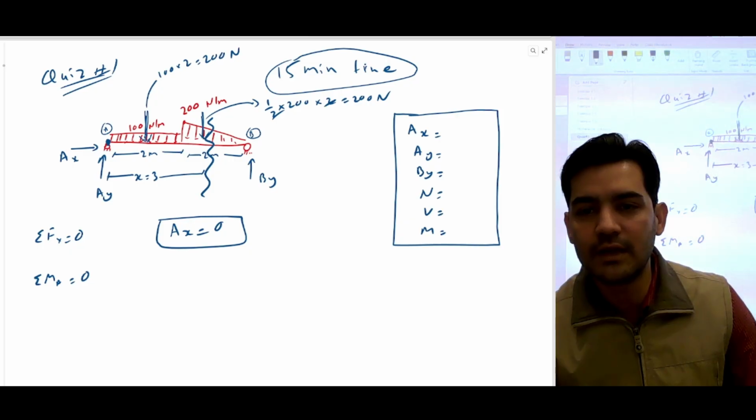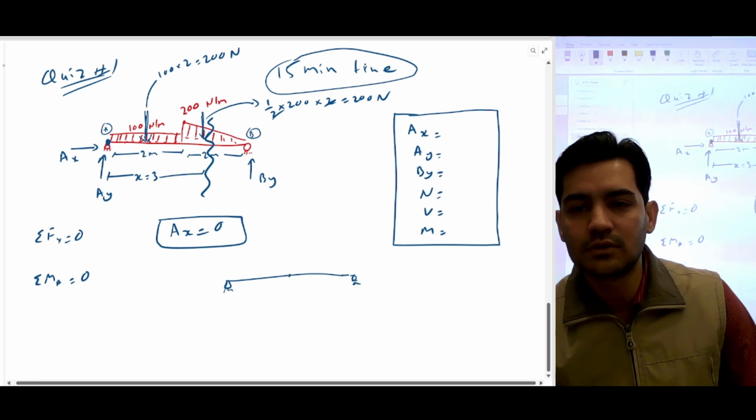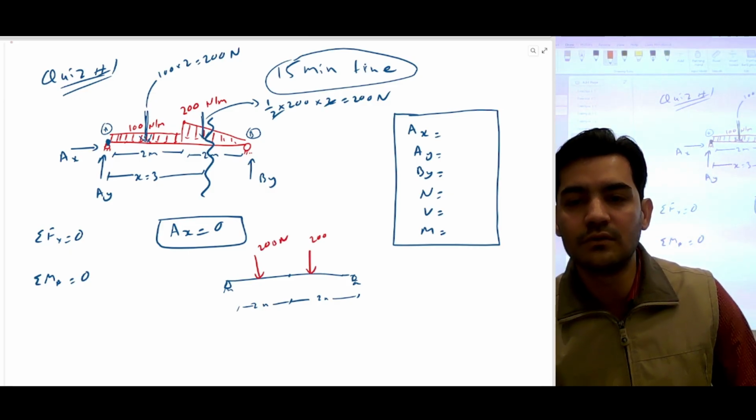Let's draw a free body diagram here. So this is 2 meter, this is 2 meter, and that's the force, which is 200 Newton. This is the force, which is 200 Newton.